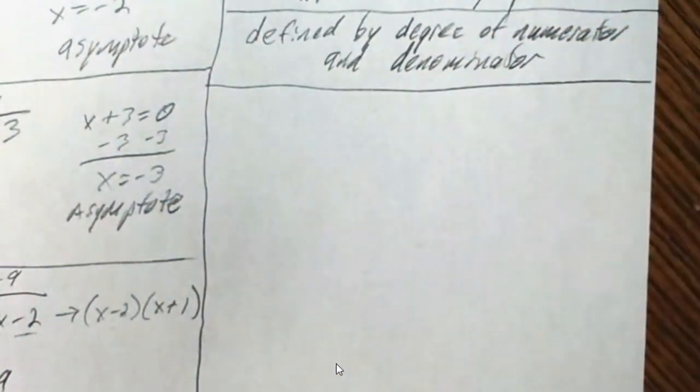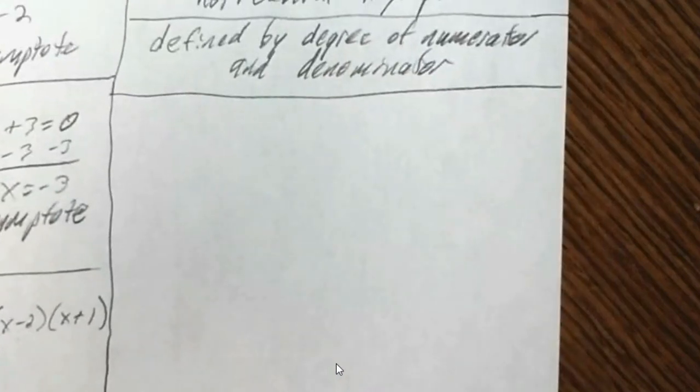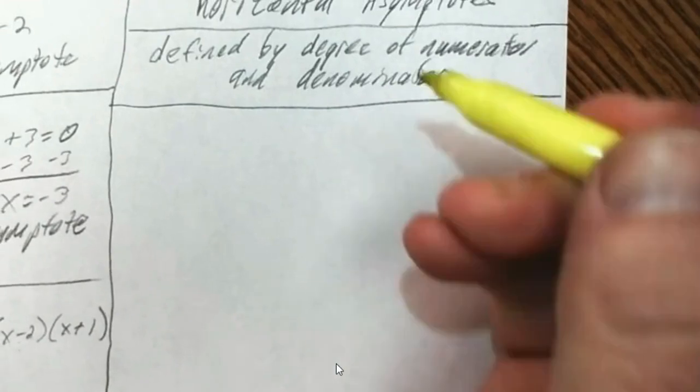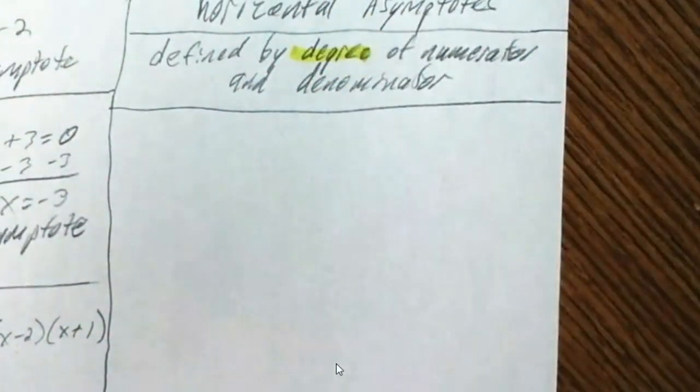What do we mean by that? The horizontal asymptotes are defined by the degree, and I'm going to highlight the word degree because that's what matters. The degree of the numerator and the denominator.